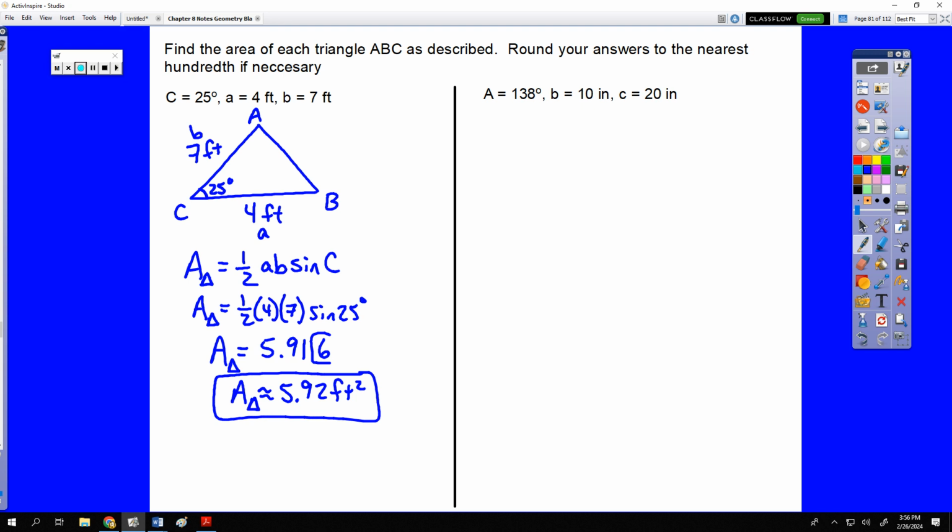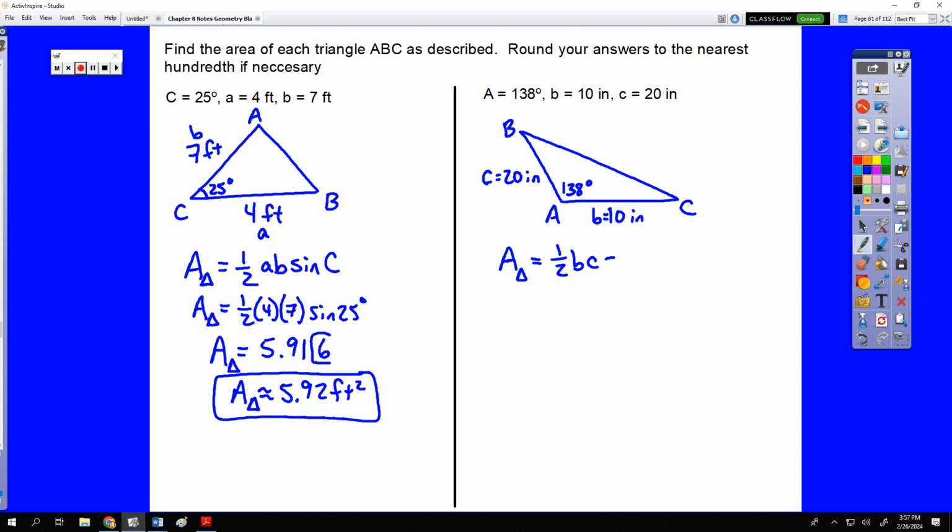Okay, final problem. Again, you can draw a picture, but you shouldn't need to. You should realize pretty quickly that we've got little b is 10 inches, little c is 20 inches, and we have been given that angle A is 138 degrees. That is side angle side information. So the area of the triangle is 1/2 b times c times the sine of angle A. So we plug in what we know.